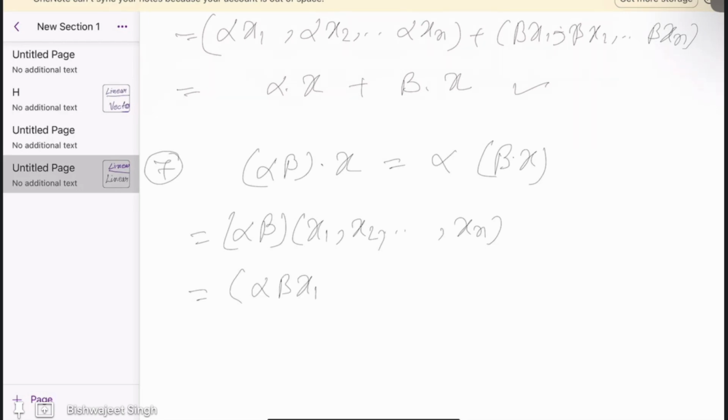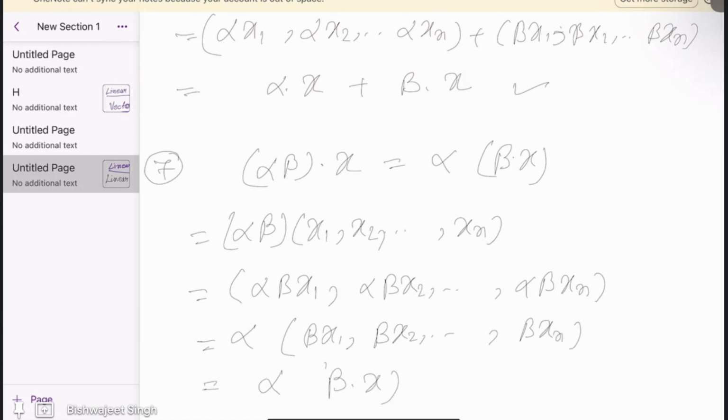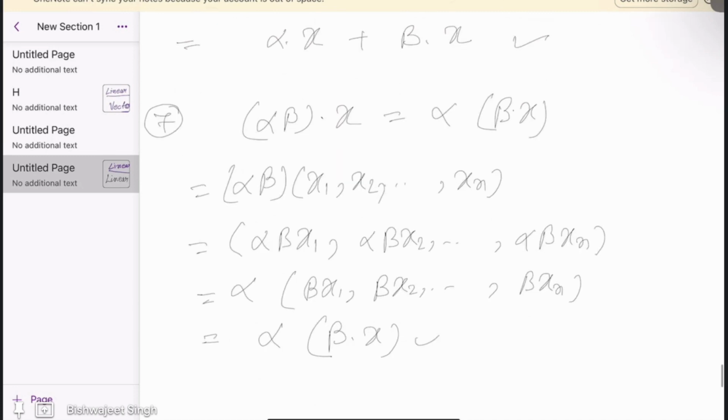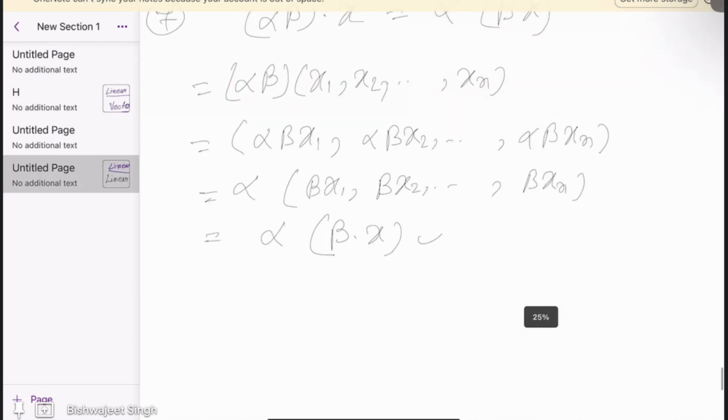Whatever the scalar is, we are just going to multiply it with the vector elements. And now I can take alpha common and I will get beta x1, beta x2 up to beta xn, and this is equal to alpha beta dot x. This is also true, the seventh property.